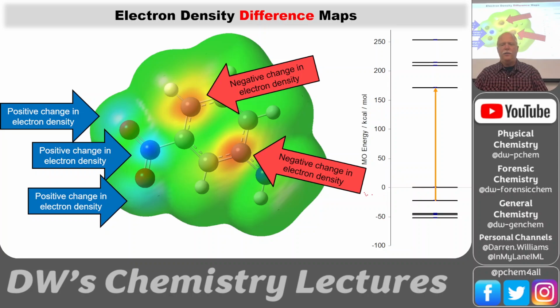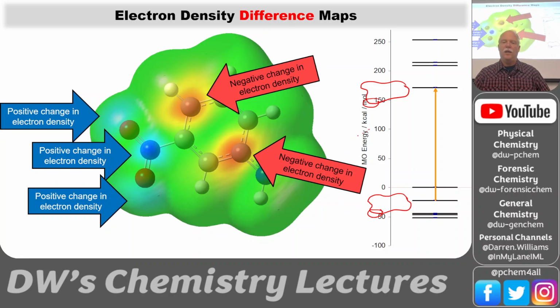But I wanted to try something here. I've got the electron surface. I'll just draw a surface here. And I've got a surface here. And if we were to look at them, they're not identical. So notice the electron density has gotten a little bigger in this region.